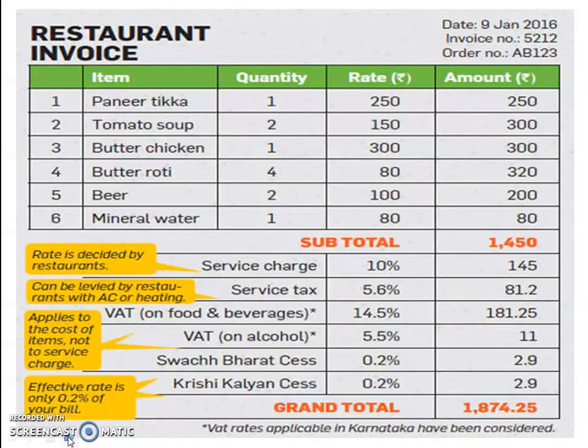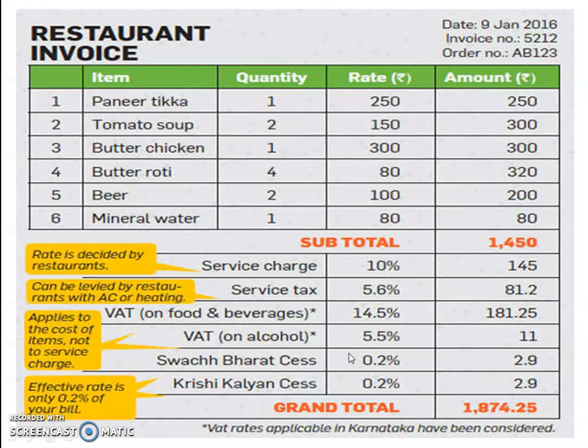Let's see the first thing. Yes, most of you have gone to restaurants, isn't it? Before Corona. Now let's see the bill for this topic. Here these are the items which the person ordered. You can see service tax, VAT, Swachh Bharat cess, Krishi Kalyan cess and all.